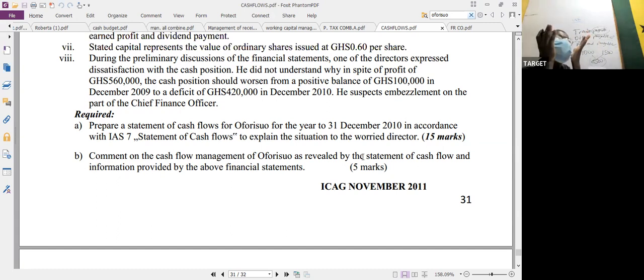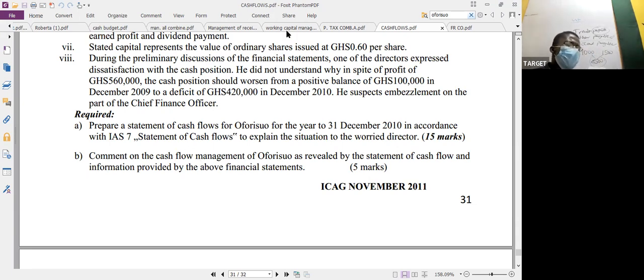If the cash flow failed to balance, that means the finance director has cornered the missing money. So once the cash flow has balanced, that means nobody has stolen money. Simple as that.